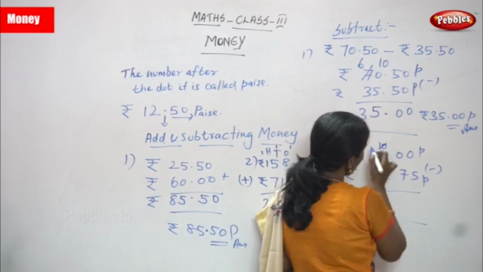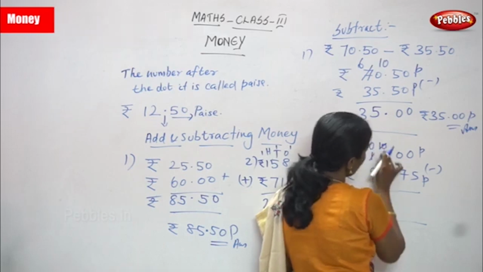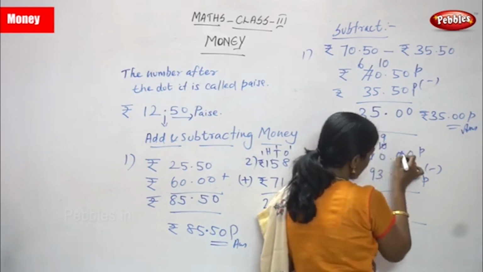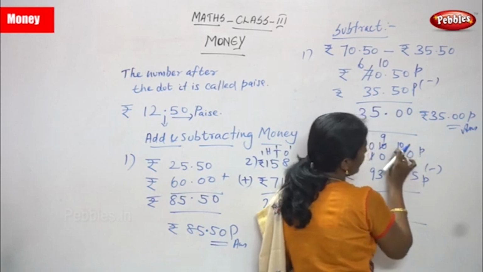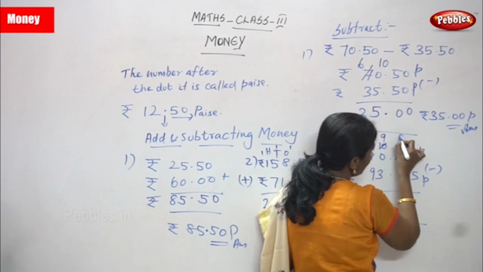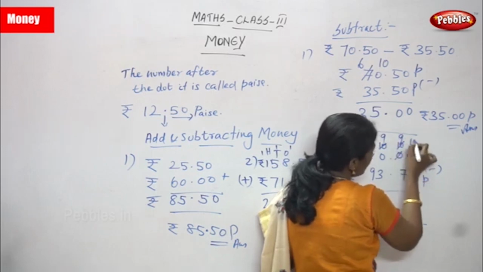So this becomes 0, and this 0 becomes 10. Again you have to borrow from 1. So this 10 becomes 9, this 0 becomes 10, and again you have to borrow from 1. So this 10 becomes 9 and this 0 becomes 10.